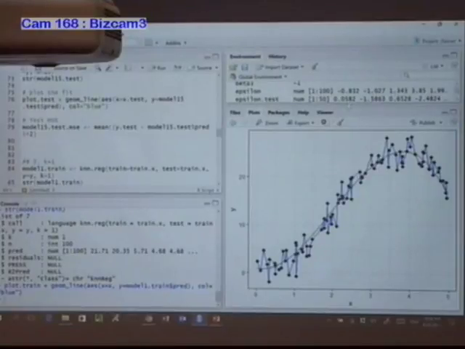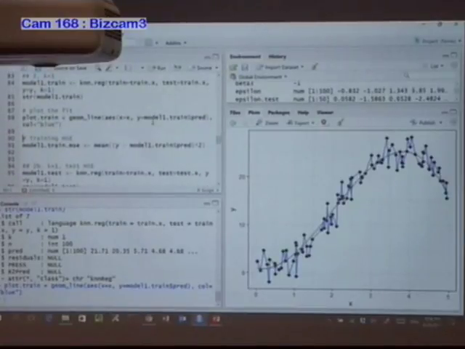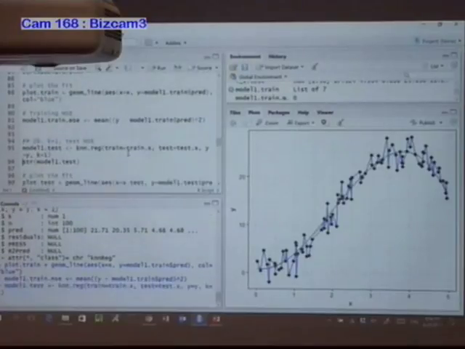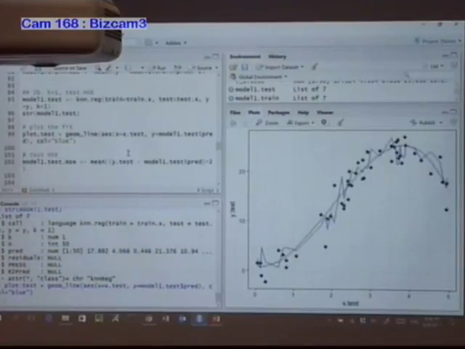We'll get a perfect fit and have no noise. Training error will be 0. Out of sample, let's see. Out of sample is bad because we are memorizing the previous 100 points and now applying that to these 50. That's going to be bad.